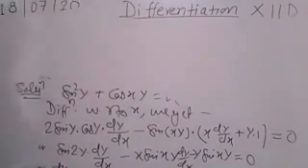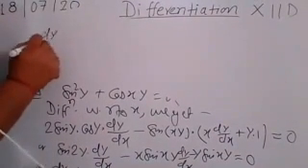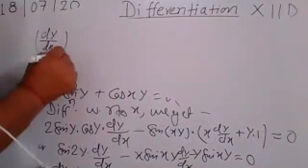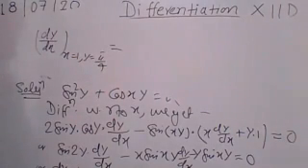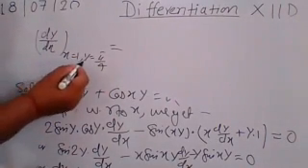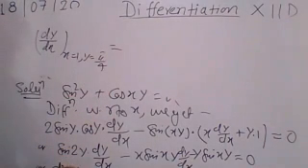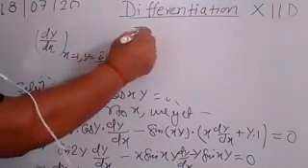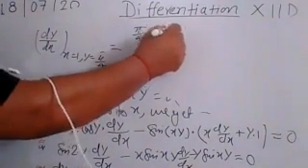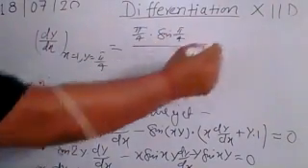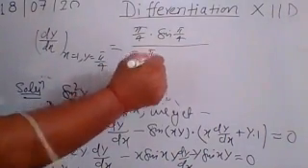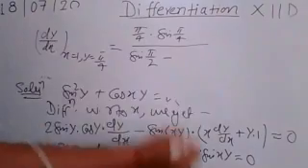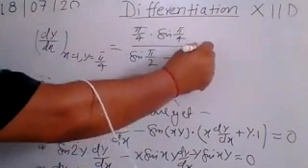Right. So dy by dx at x is equal to 1 and y is equal to pi by 4 is equal to, putting pi by 4 in place of y, pi by 4 into sine pi by 4, divided by sine 2y, which means sine pi by 2, minus x is 1 and here sine pi by 4.